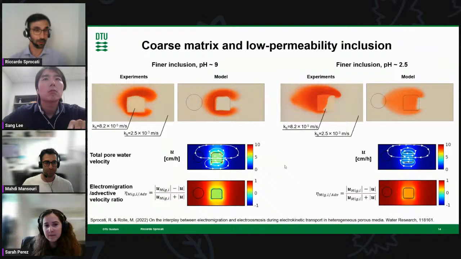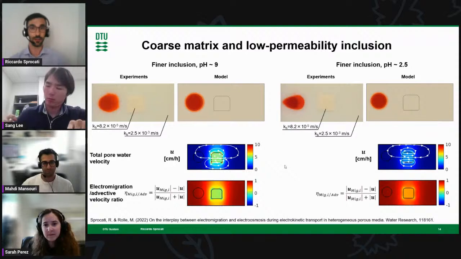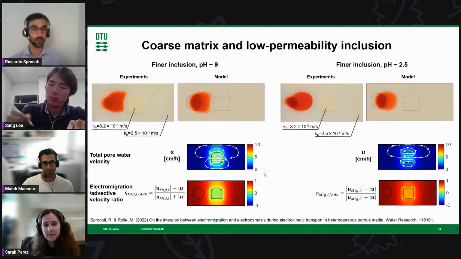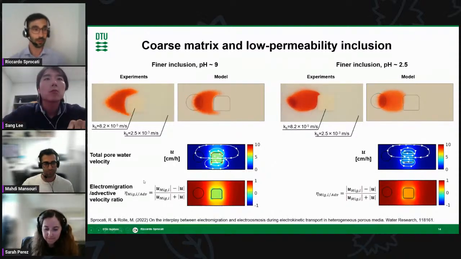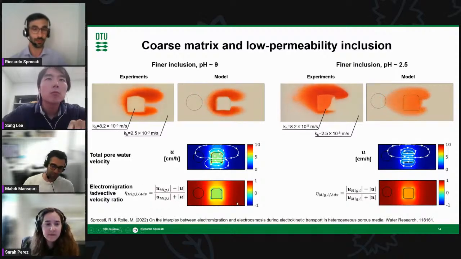Then using models, we could identify different patterns and explain the different transport mechanisms. And just to provide an indicator with this matrix, we can identify in the domain which transport mechanism is dominant.